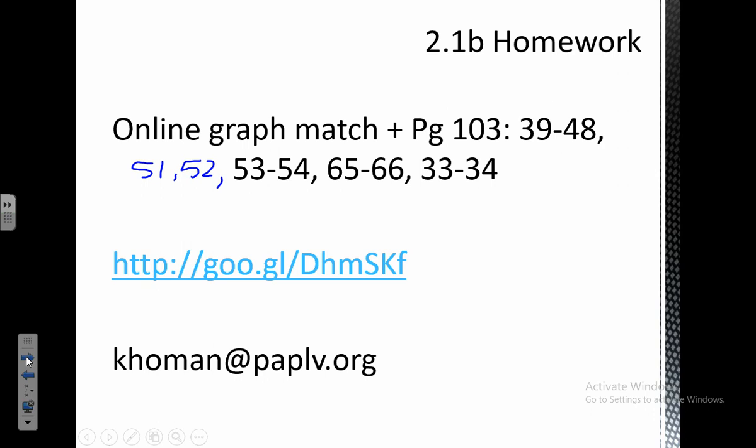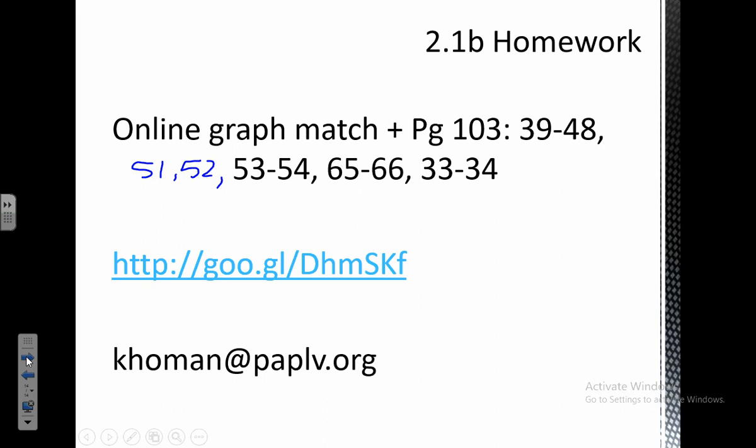This is what I need you to do. I need you to do the graph match and either print it out or email it to me. It will not let you do the graph match on your phone, but you can screenshot it and use the drawing tools to match them up. You just won't get the feedback of whether you're right or not.